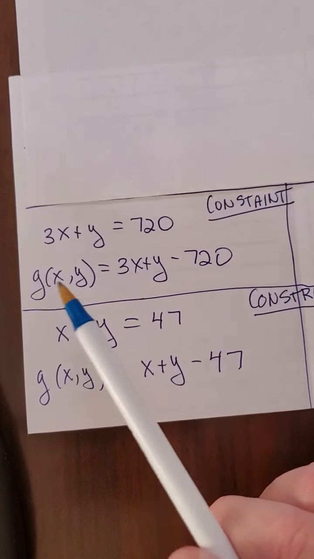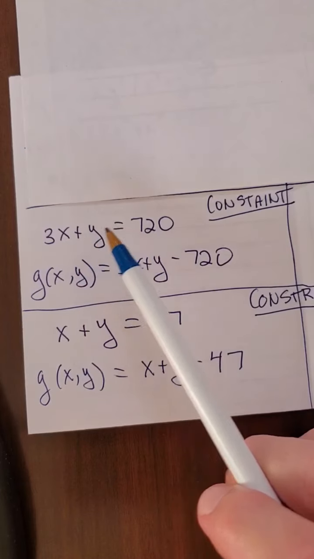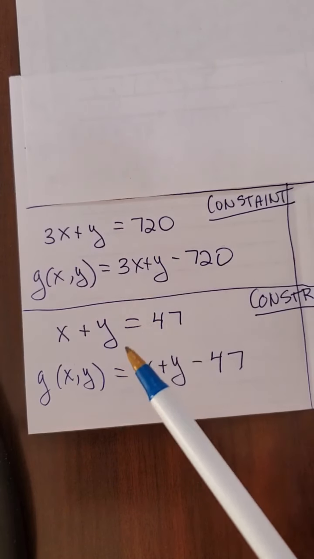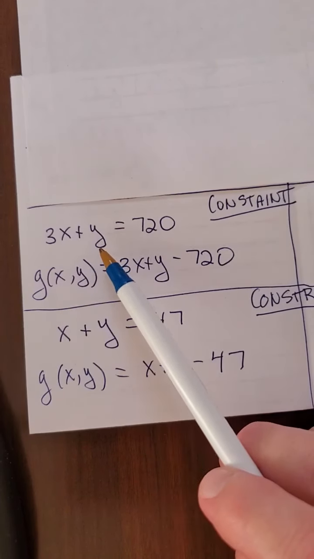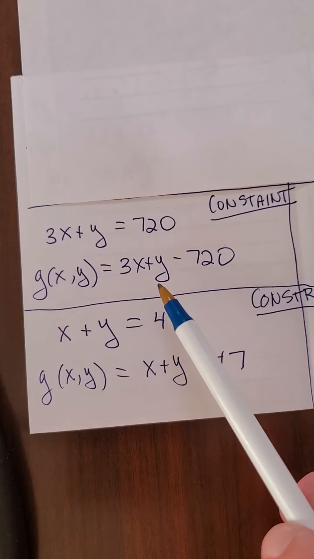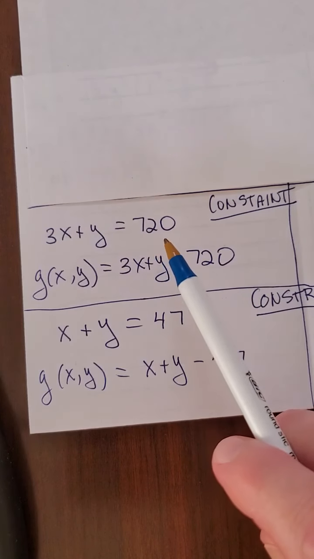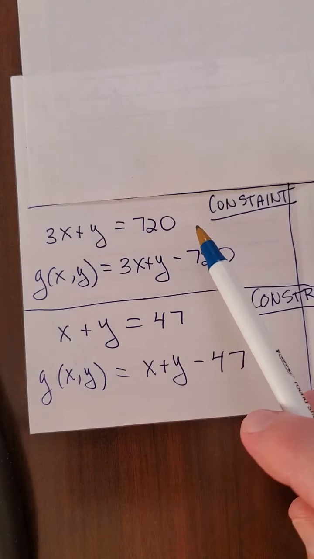So in our problem, the constraint was 3x plus y equals 720. I basically just take the 3x plus y part, subtract the 720, and that's my g. So if my constraint says 3x plus y has to equal 720, my g function is going to be 3x plus y minus 720. And we're ultimately going to set this equal to 0, because if I bring 720 to the other side, I have a 0.